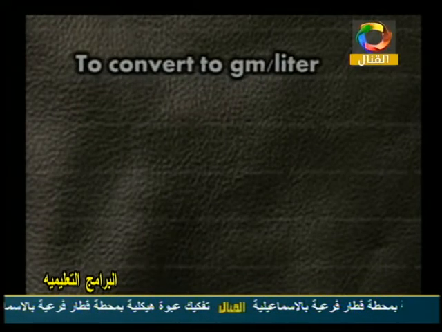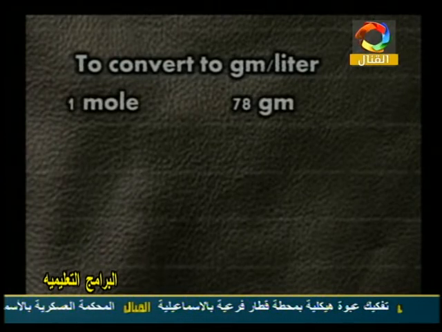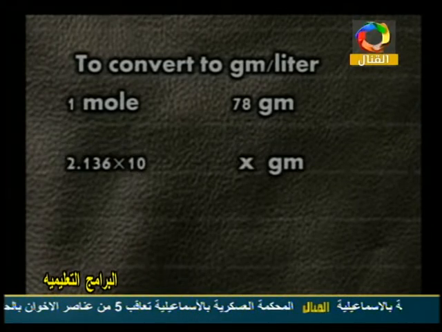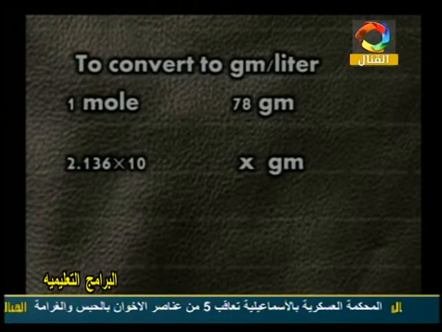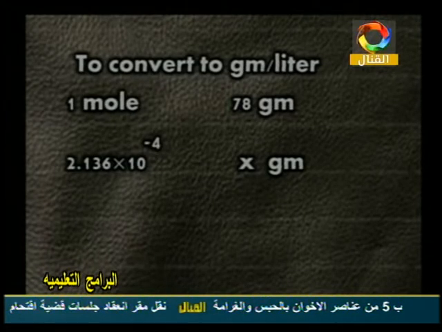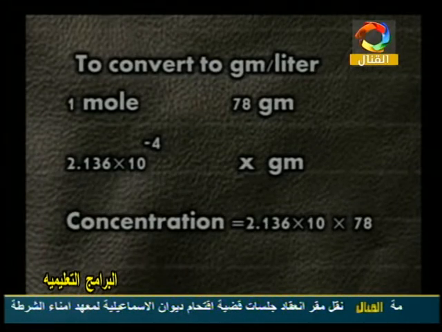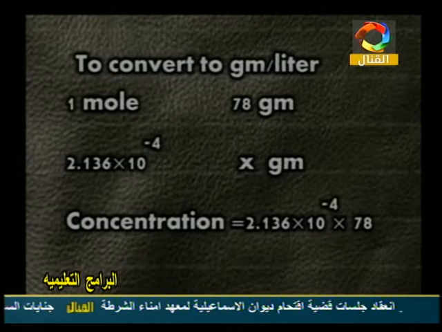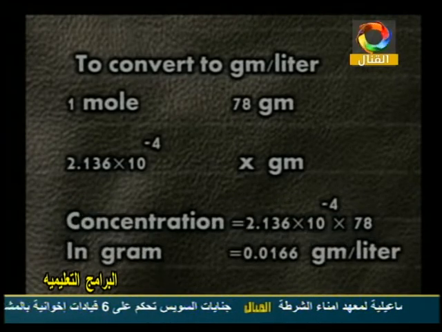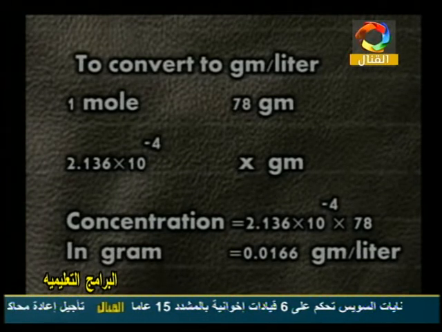To convert to grams per liter, what do you do in this case? 1 mole equals 78 grams. 2.136 by 10 power negative 4 equals X grams. Cross multiplication. The concentration 2.136 by 10 power negative 4 times 78. The final answer in grams equals 0.0166 grams per liter.